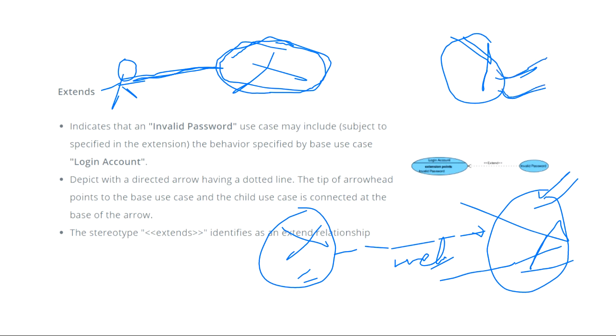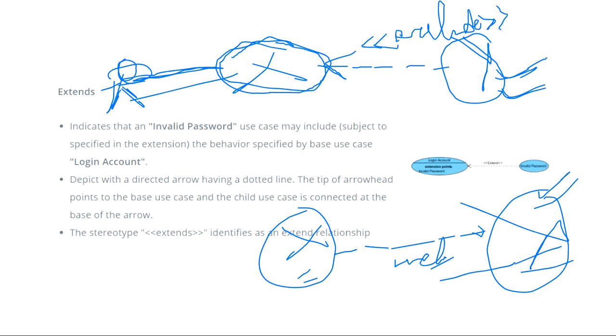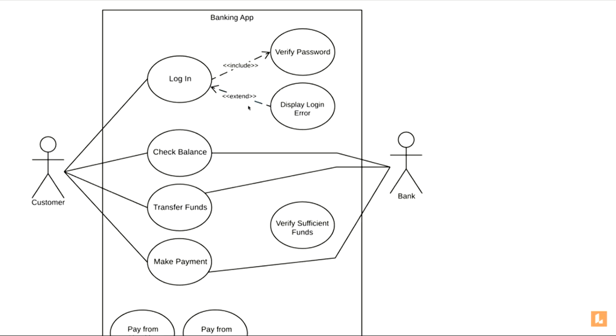So the symbol or direction for extend is opposite to the direction of include. Here you will write extend. This means that whenever the actor is interacting with this X use case, not always but sometimes, this Y will be called. Let's see an example.